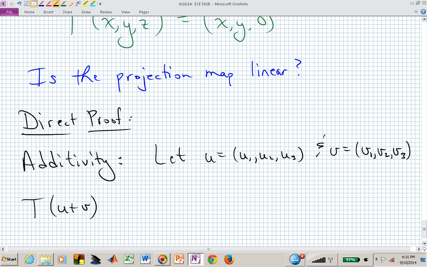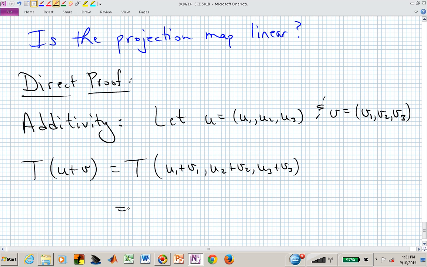T of U plus V is now T of U1 plus V1, U2 plus V2, U3 plus V3. But that's now T operating on that, and we've said that that's now U1 plus V1, U2 plus V2, 0.